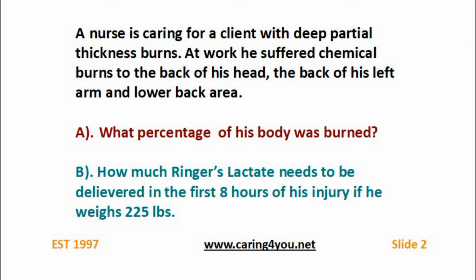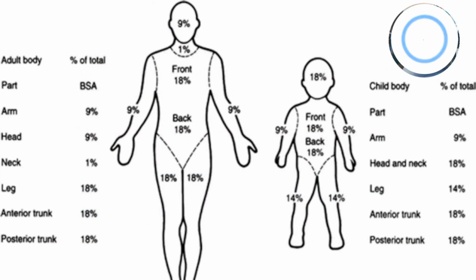Now let's look at the chart again. So burns to the back of his head was 4.5% because his entire head is 9. So 9 divided by 2 is 4.5. So the back of his head is 4.5. The back of his left arm is 4.5 because his entire arm is 9%.